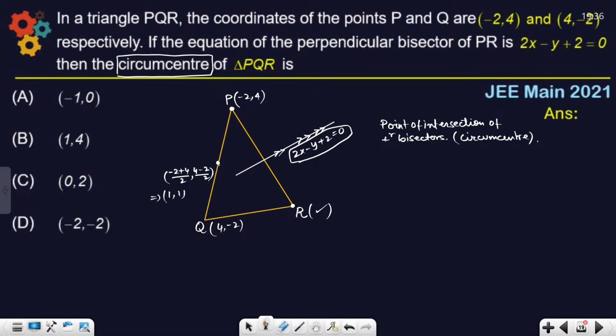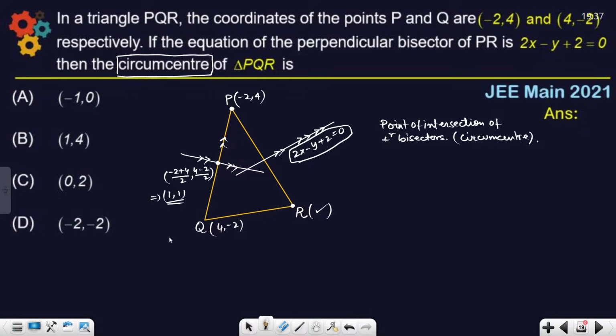See, I got the midpoint. Then I will find out the slope of this line. And after getting the slope of this line, now we know the slope of the perpendicular line on PQ. And now this perpendicular line is passing through the point 1, 1. So we can easily find out the equation of this perpendicular bisector. Yes or no?